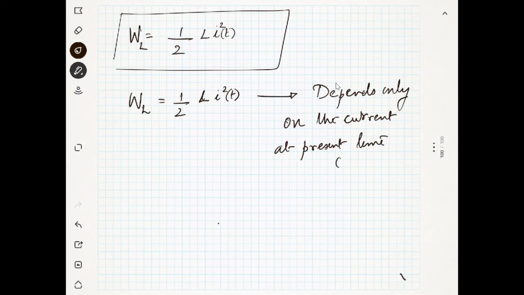That means it depends only on i of t. It is not depending upon the current in the previous time. Is it clear to you? That's what I want to tell you.